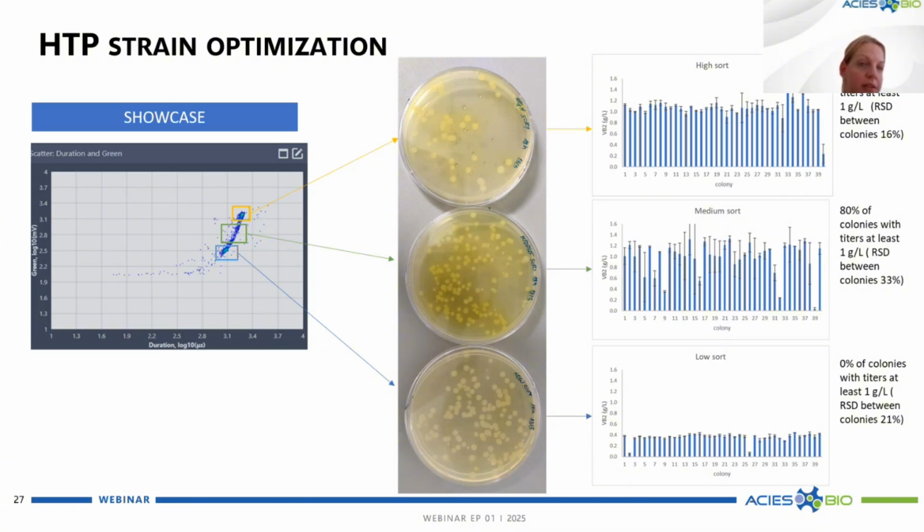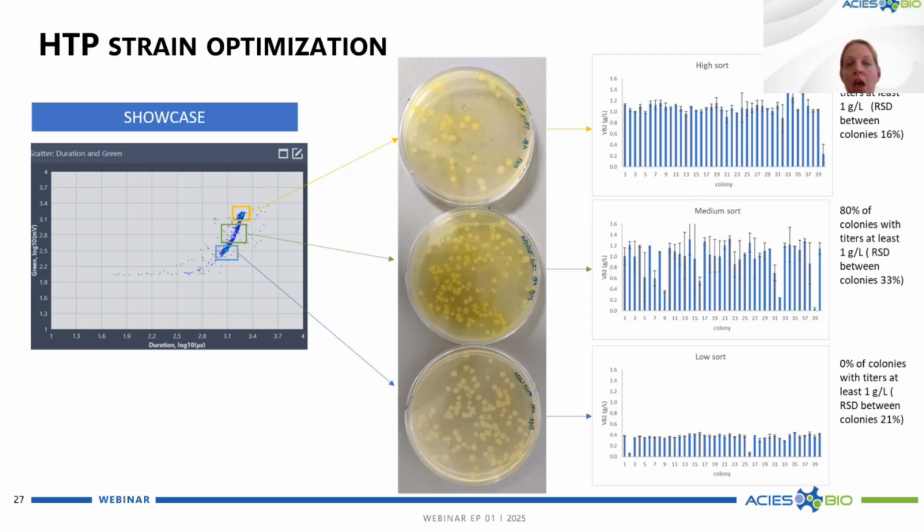And what we saw was that the correlation between the high fluorescence and good performance on larger scale was really good in this case. We got really good performers with the high fluorescence sort, but with the medium fluorescence sort, we got really diverse strains.